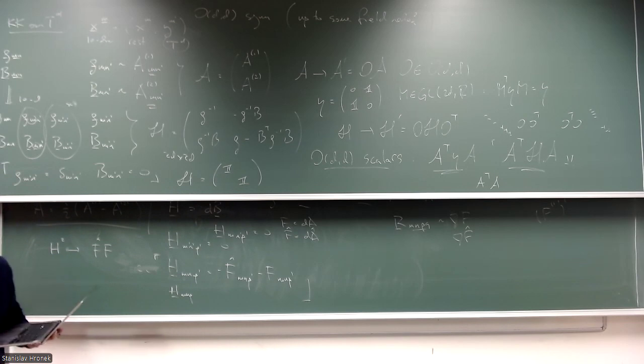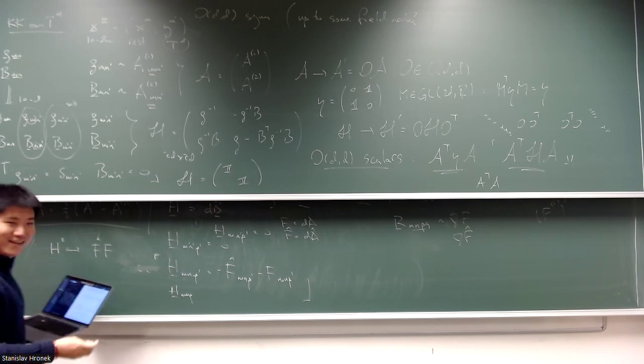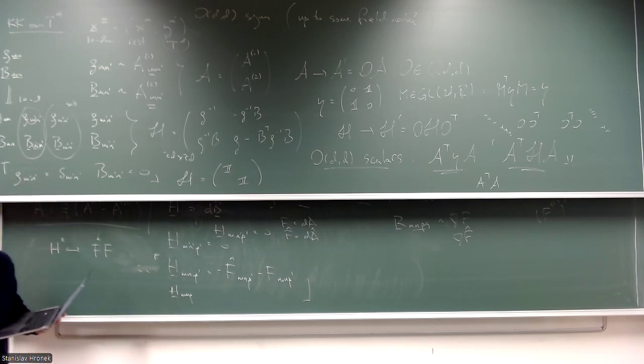More questions? Is it clear? If I take scalar field theory on a torus, is there some ODD or not? Why is there no ODD? I mean, a scalar doesn't have it, so you can say there's ODD acting trivially on the scalar, but I can say that about any group, and it will be like nothing in some sense.